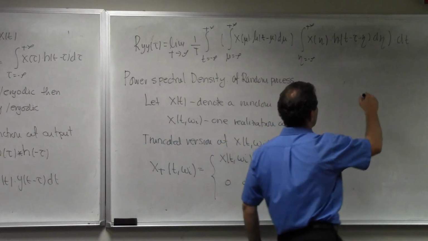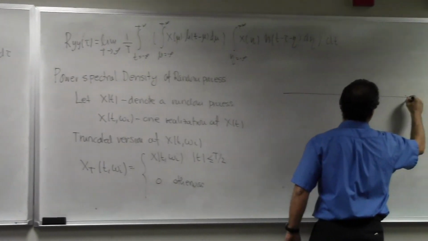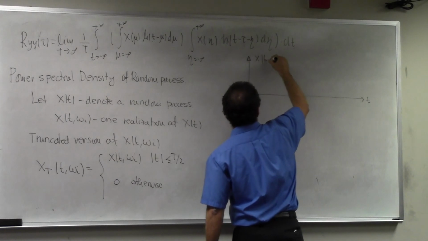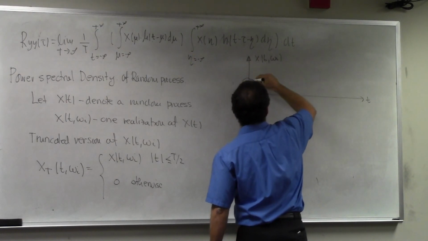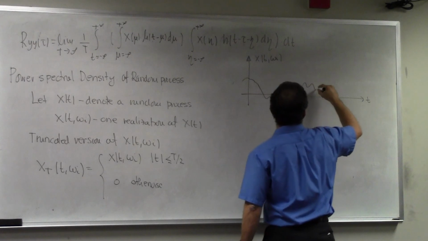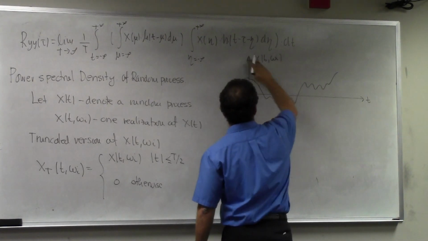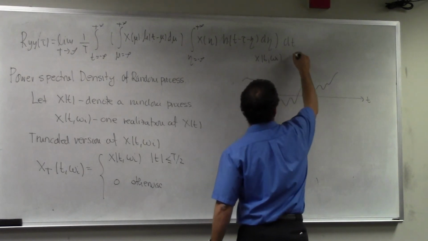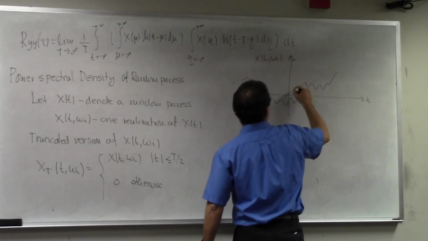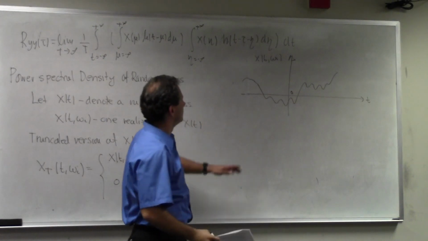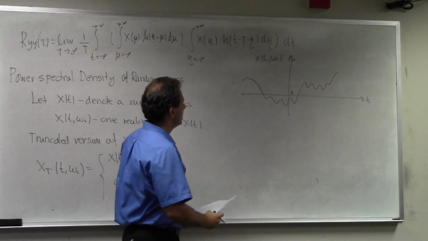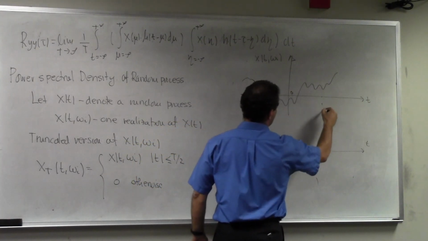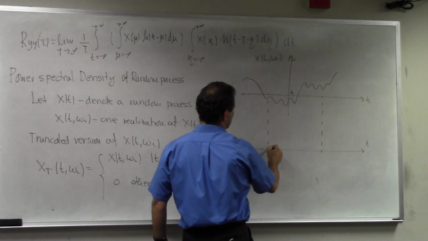So what is it that we're talking about here? Let's say this is your t, and this is this particular realization, x of t omega i, and let's say this process looks somewhat like this. And let me do it this way because of my definition here. So put 0 here. So this is my particular realization of this process. So I'm defining a truncated version of this process in the following manner. I identify the duration of T.